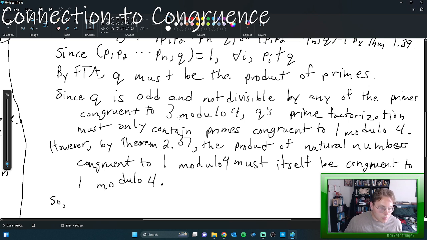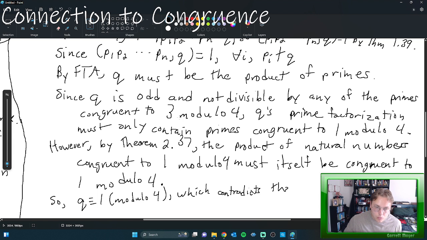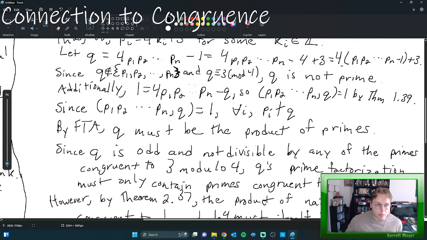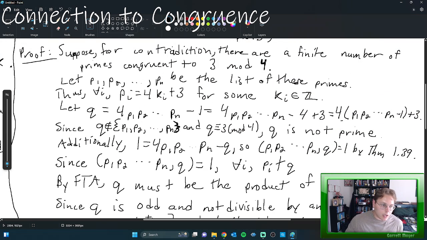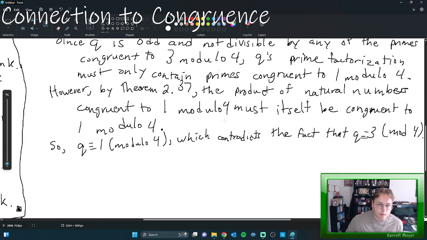So q is congruent to 1 modulo 4, which contradicts the fact that q is congruent to 3 modulo 4. Just by the way we constructed it, it has to be congruent to 3 modulo 4, just because it's 4 times this product minus 1.